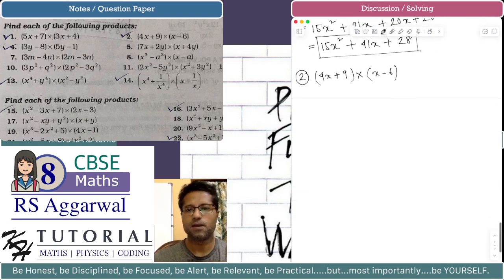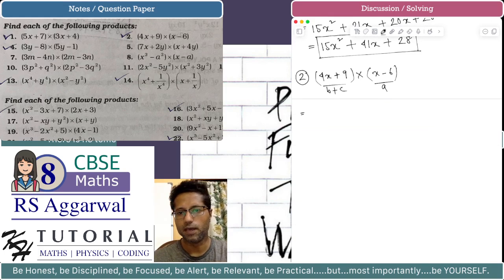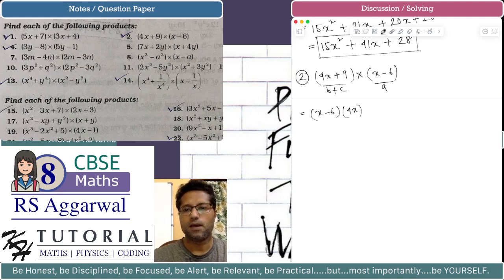So let's say I am considering this as A and this as B plus C. So this will be equal to A into B, that is x minus 6 into B, that is 4x, and we have plus A into C. C is 9.